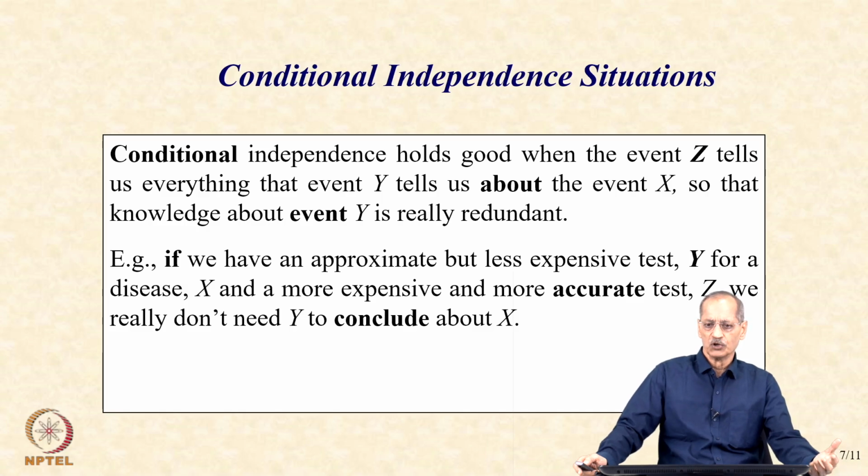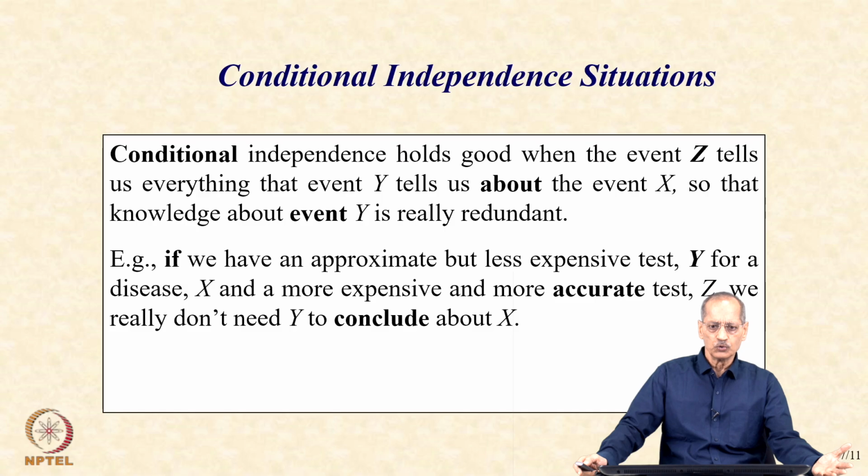For example, if you do a blood test and it shows that you have low hemoglobin, the test could be that you have iron deficiency, that could be the disease for some reason, there could be some issue which is causing iron deficiency.